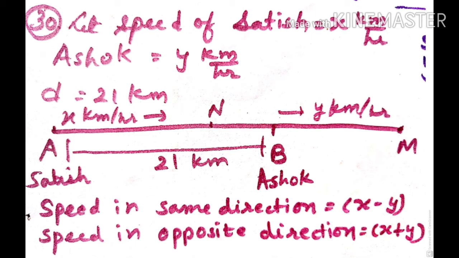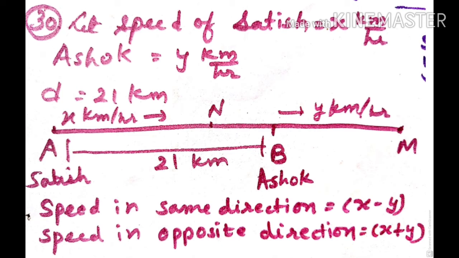Now what the question is: Satish and Ashok start at the same time from two places 21 km apart. Means the distance between Satish and Ashok is given as 21 km. Means the distance d I have noted down as 21 km.